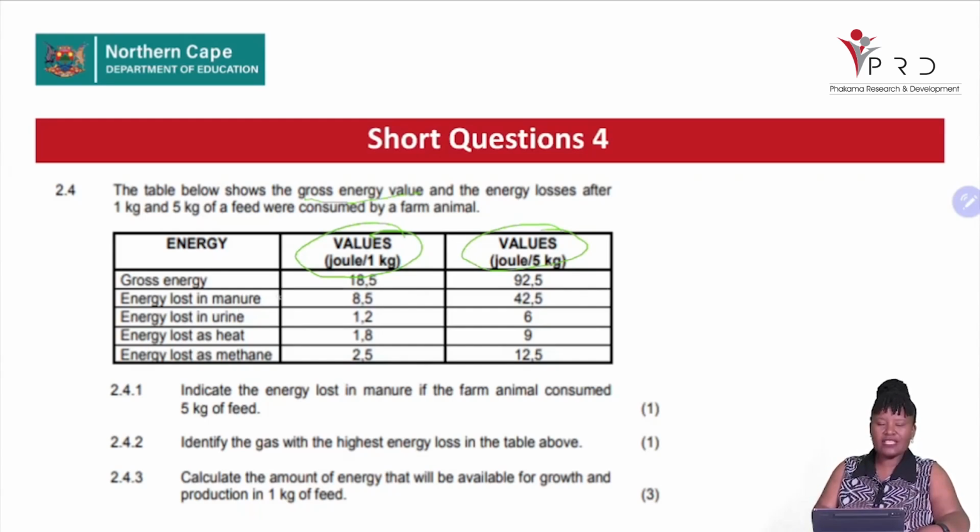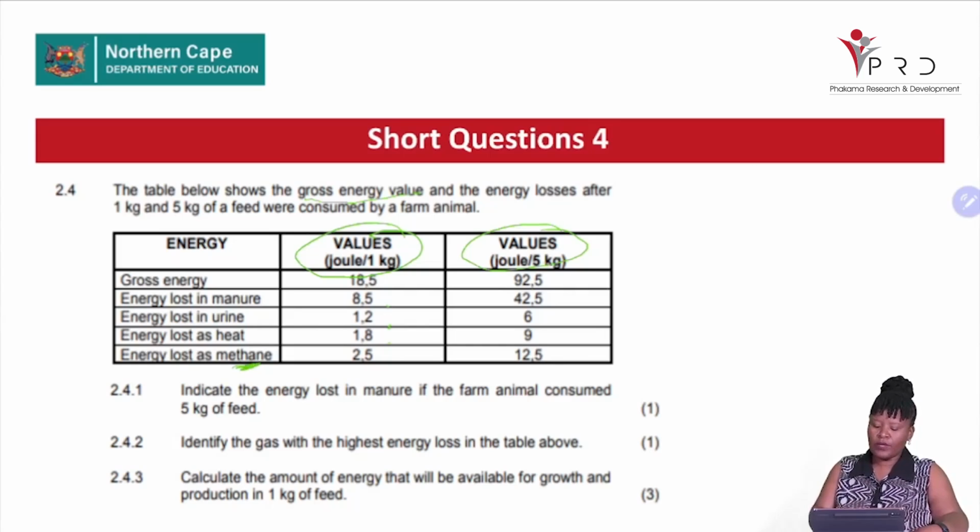So the energy lost varies per kilogram. For per kg, 8.5 was lost in manure, 1.2 in urine, 1.8 of energy was lost in the form of heat, and 2.5 was lost in the form of gases, the gas which is methane.